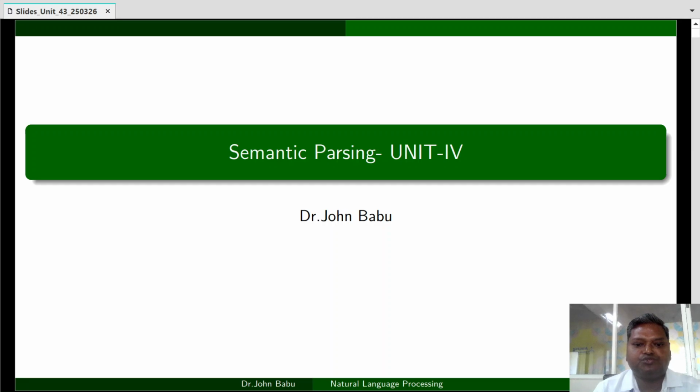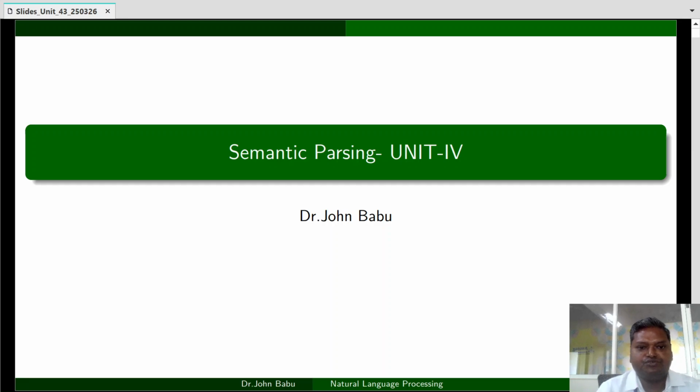So, what we have covered so far, we have seen morphological parsing in the first unit, then syntactical parsing in the second unit, and third unit also. So, a part of semantic parsing we have covered in the third unit, and now we are into the fourth unit of semantic parsing.